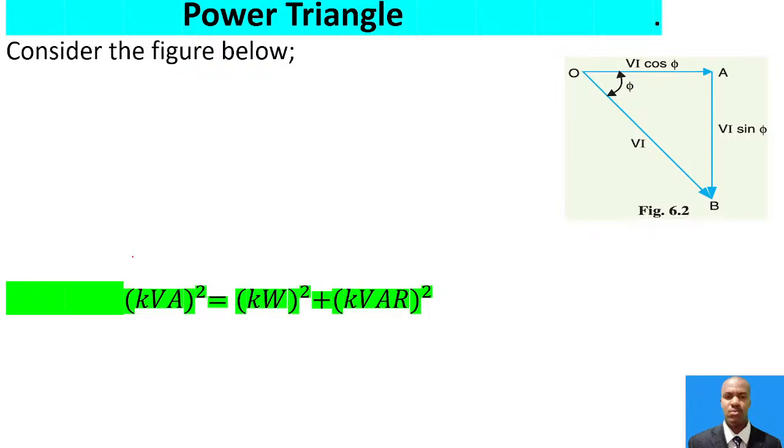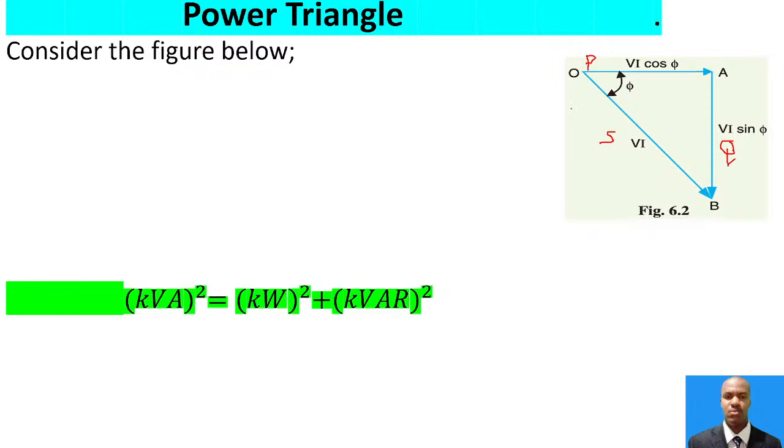With a keen evaluation of this figure, you realize that we have real power here. So this is our real power P, this is our apparent power S, and this is our reactive power Q.